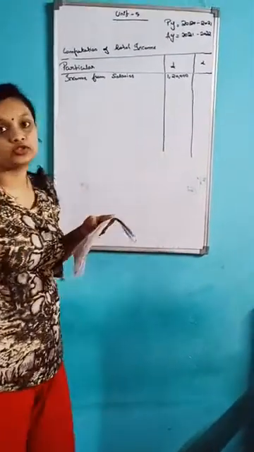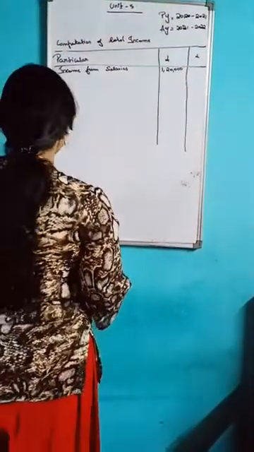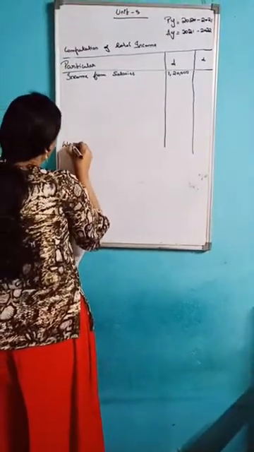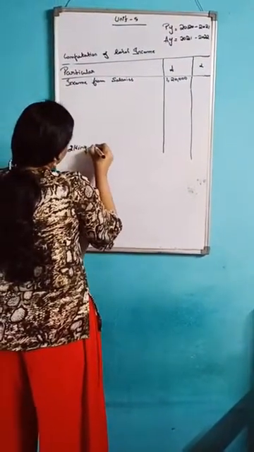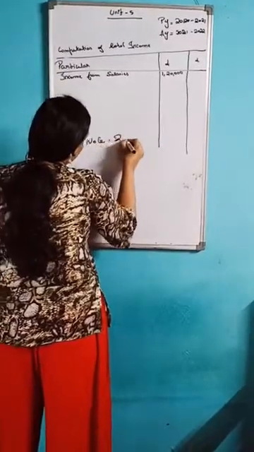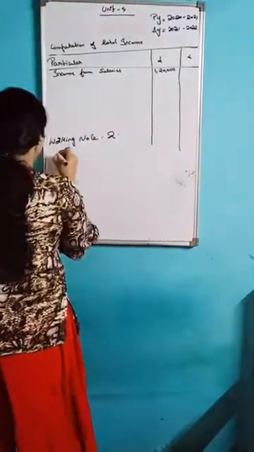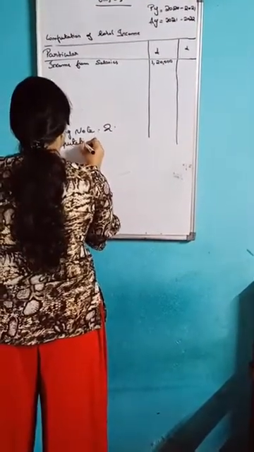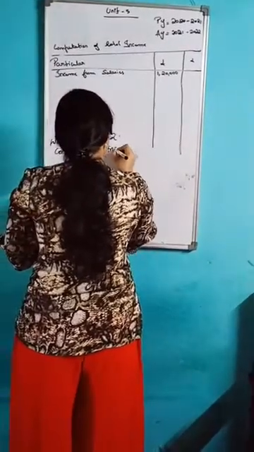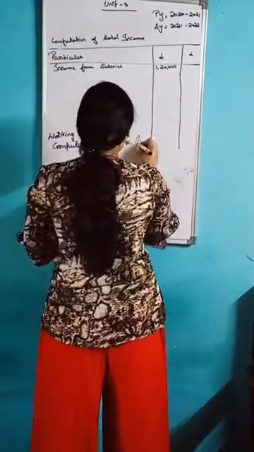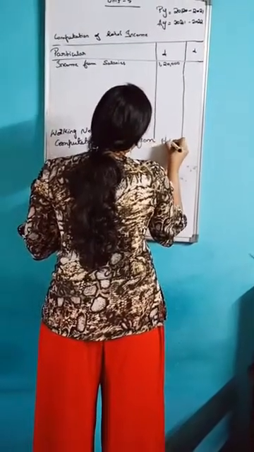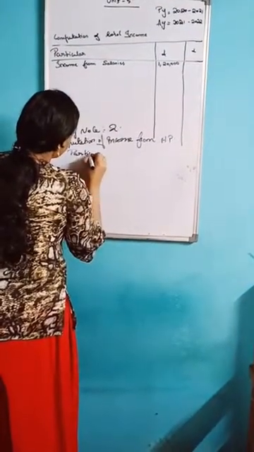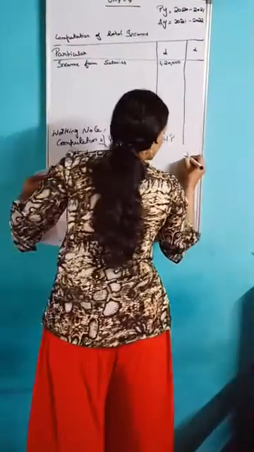The format you have studied should be included. So write here working note 2, computation of income from house property. Your particulars and the amount column.